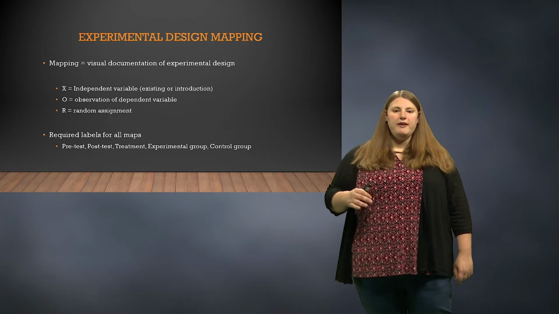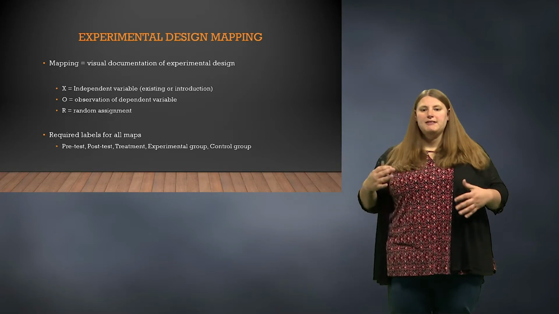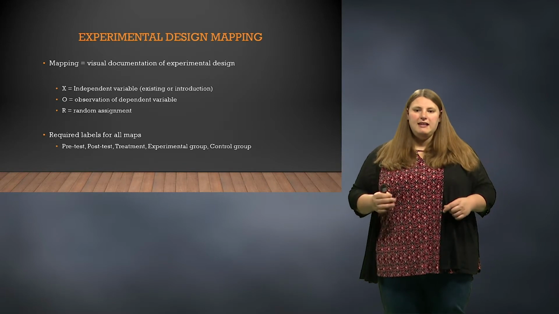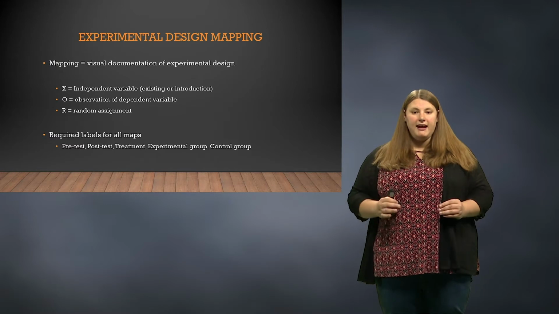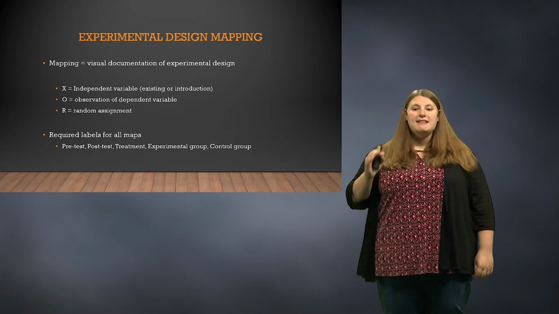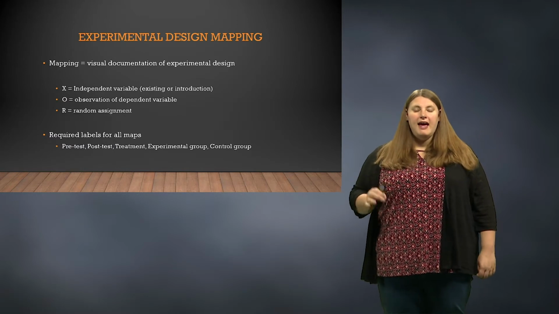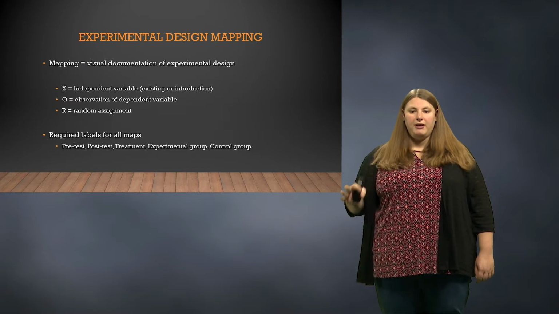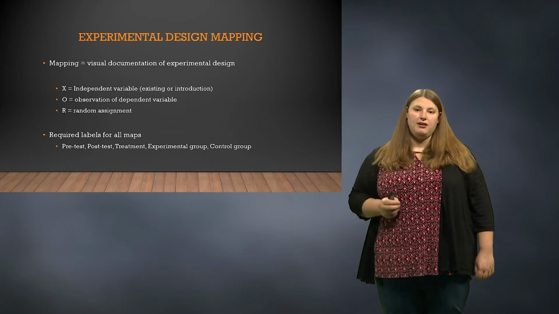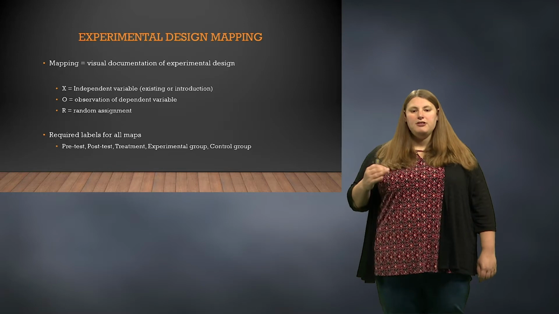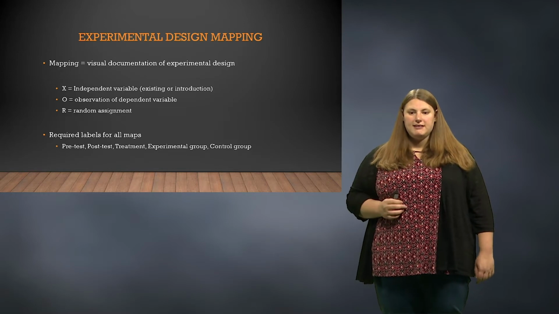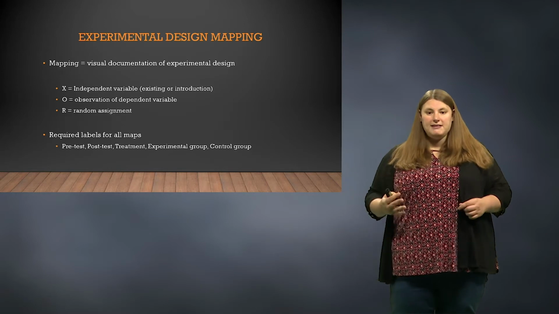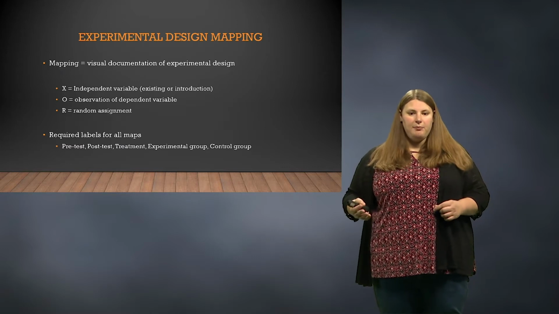So now I want to move us into a discussion about the different types of experimental design. These are going to be very important to understand and to be able to identify, as the type of experimental design has multiple implications for the reliability and the validity of the conclusions. To help you understand the specifics of each experimental design, I'm going to use a mapping technique to help you visualize the different components.